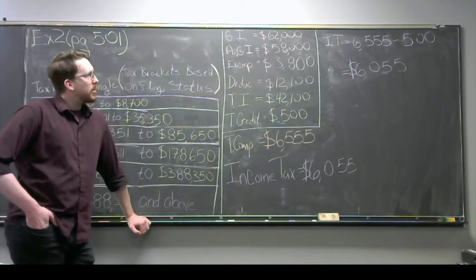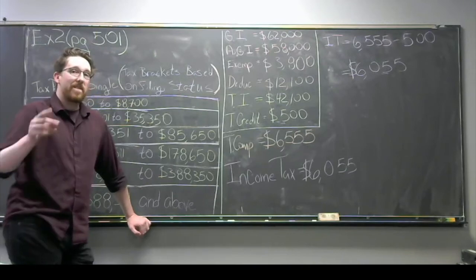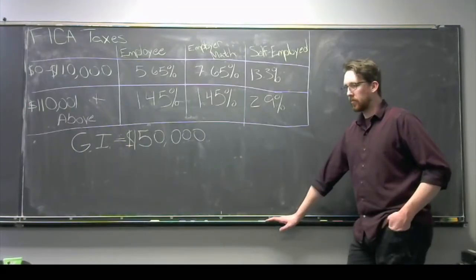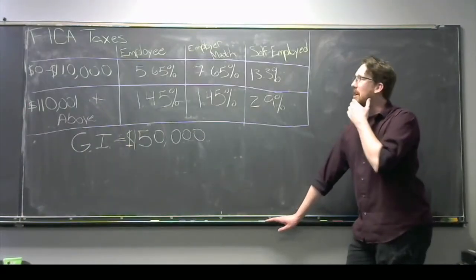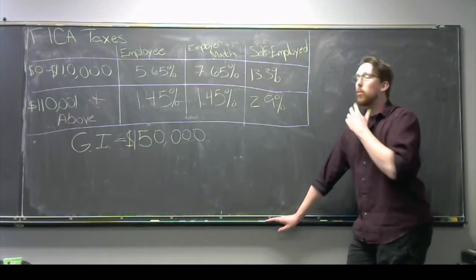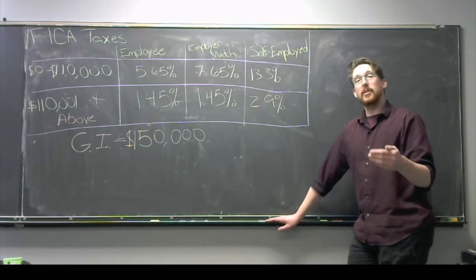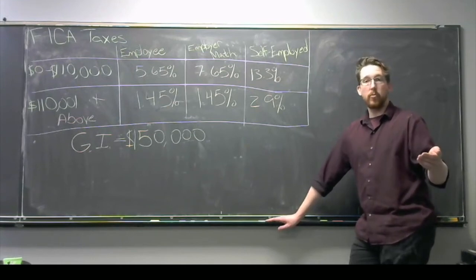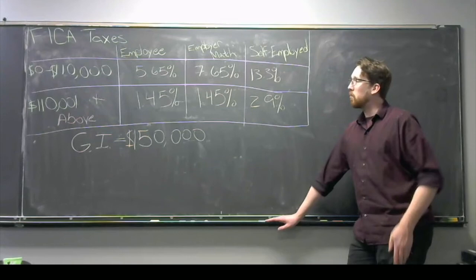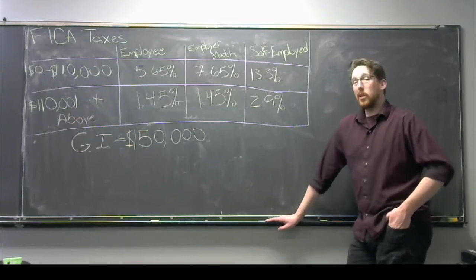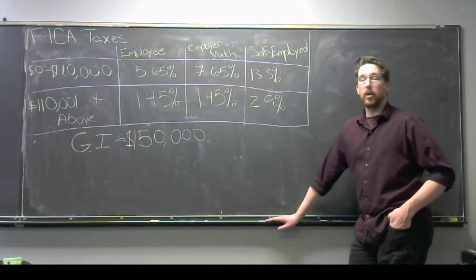So, one last thing to go over after this, FICA taxes. Before I explain how FICA taxes are calculated, really quickly want to explain what FICA taxes are. FICA taxes are the taxes that pay into Social Security or Medicare. The way they're calculated is really the same way that tax computation was calculated.